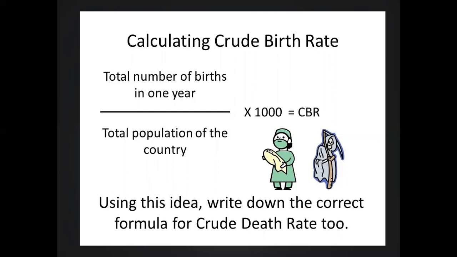So the crude birth rate equals total number of births in a year divided by total population of the city or country, times 1,000.